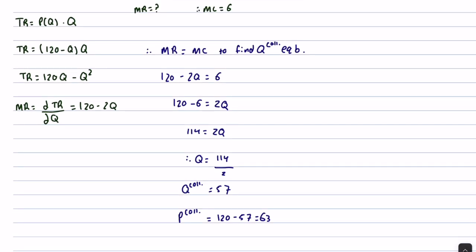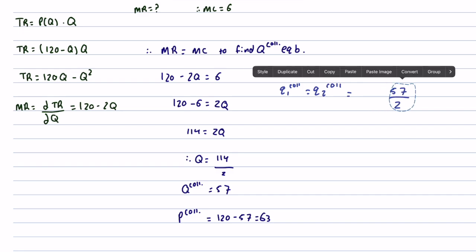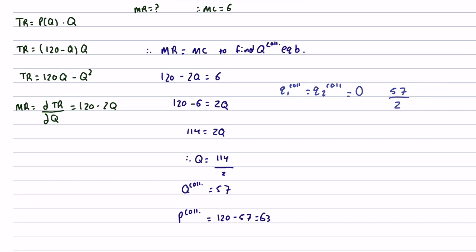One more step, right? We know that Q1 collusion is going to be equal to Q2 collusion, right? The two firms are working together, and therefore they'll split the market output evenly between each other. Actually, let me just write it like this.